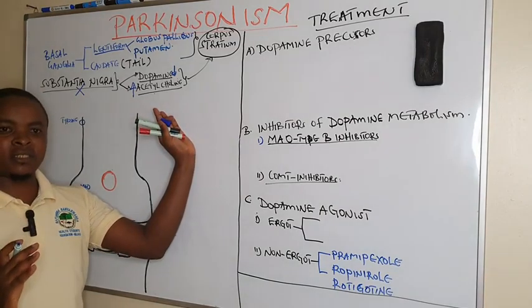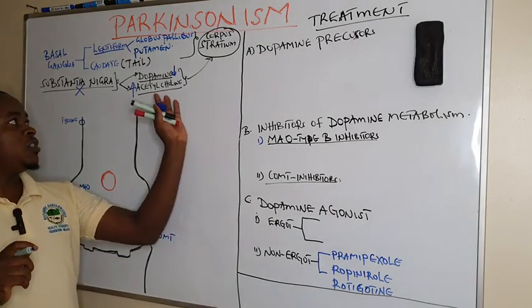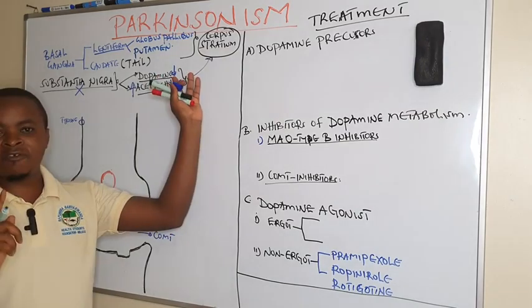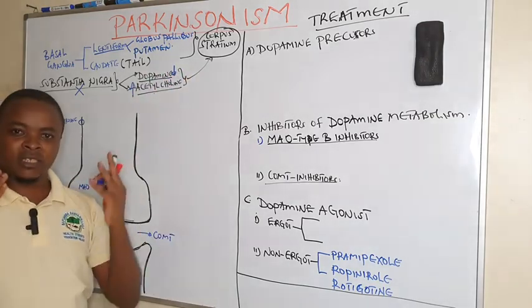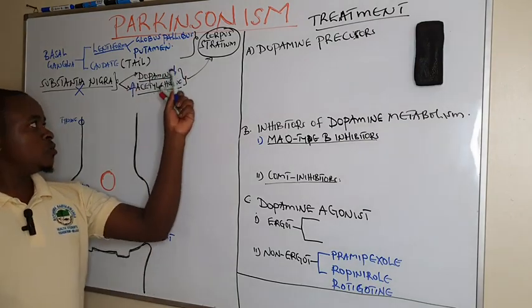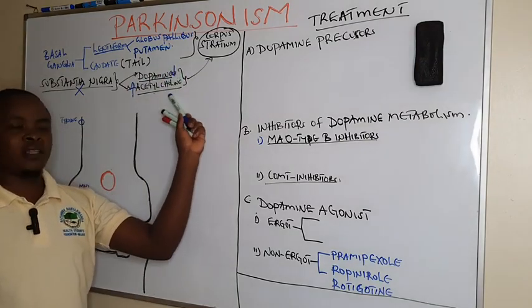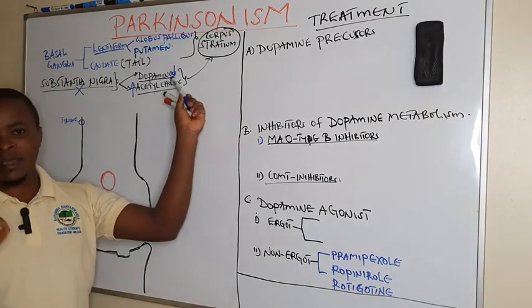Parkinson's disease is due to failure of substantia nigra, which will fail to release enough dopamine. And when dopamine is little in the brain stem, it is going to be low compared to acetylcholine. So acetylcholine will remain high, whereas dopamine is low.